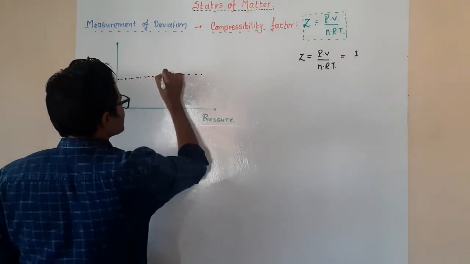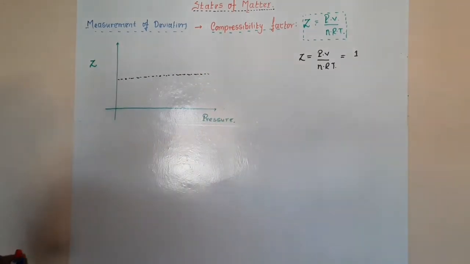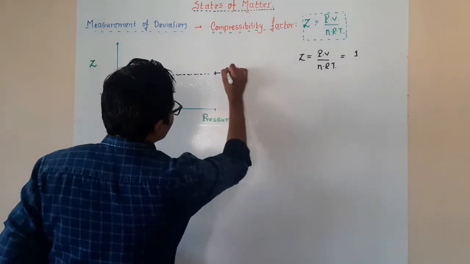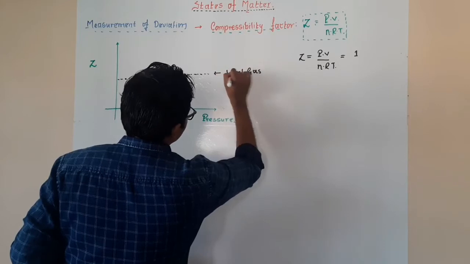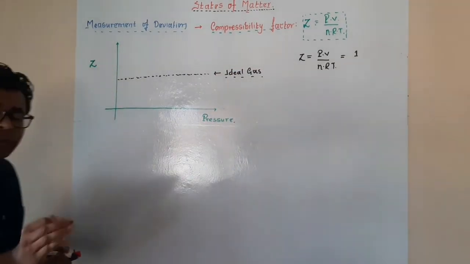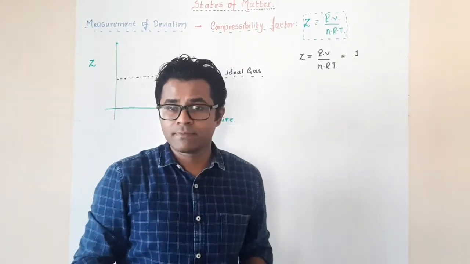So this would represent our ideal behavior. This will show us an ideal gas plot.